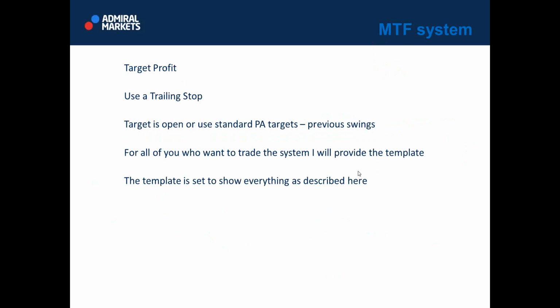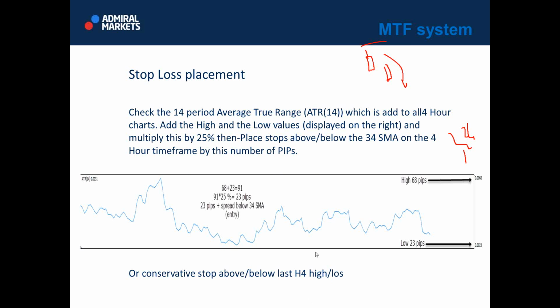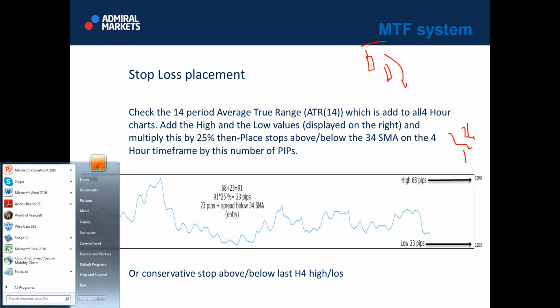Target profit: you should always use a trailing stop, and you should practice to see what is the optimum trailing stop of this system. Target is open, or it uses standard price action targets. You should leave the target open because you're using a trailing stop, or use standard price action targets. I don't recommend taking anything less than 20 pips.